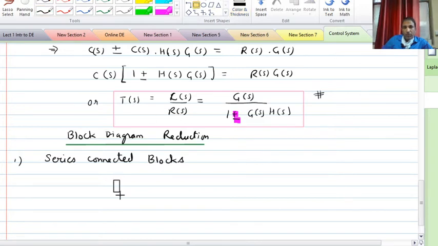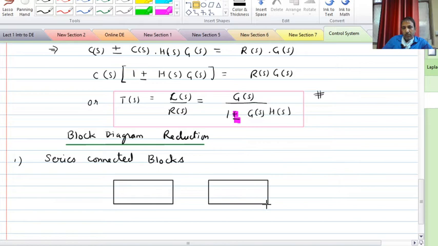Suppose this is your first block and this is your second block, and both are connected by means of some connecting wire, signal flow path.